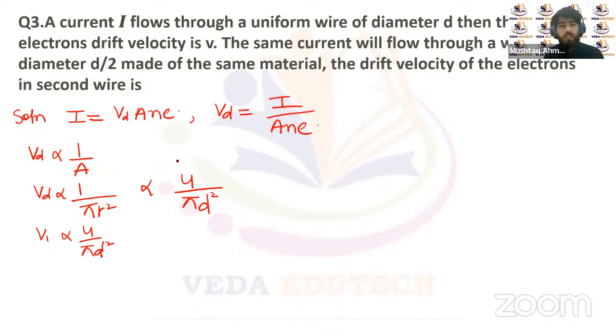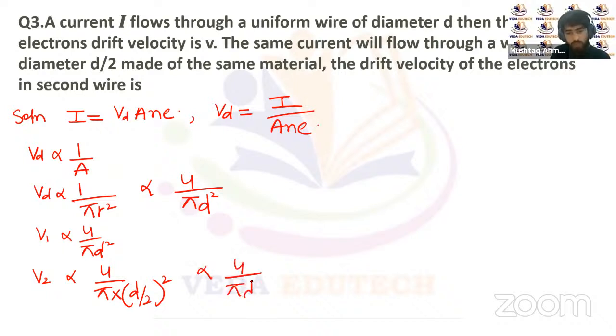Now talking about the second wire, the drift velocity will be proportional to 4 upon pi times the diameter squared. The diameter for the second wire is d by 2, so it will be d by 2 whole square. So it will be proportional to 4 upon pi d square by 4, which means V2 will be proportional to 16 upon pi d square.